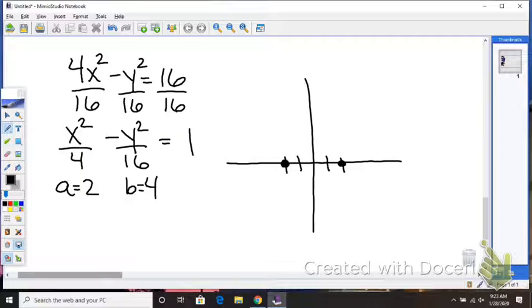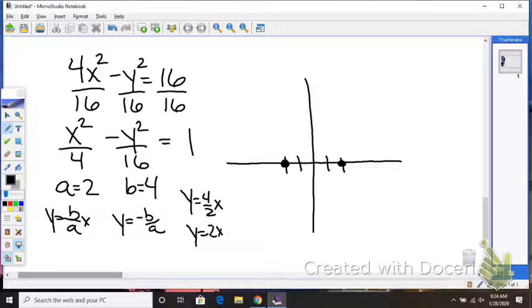Okay, I want to just show you what the asymptotes do, because I'm sure you did it right, and I would count it right. But when we have horizontal, our asymptote is y equals b over a, x, and y equals negative b over a, x. So in this case, I would have 4 over 2. So y equals 4 over 2x, which is just y equals 2x, and y equals negative 2x.